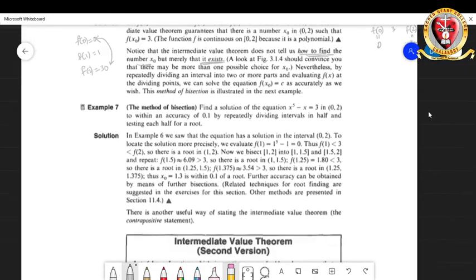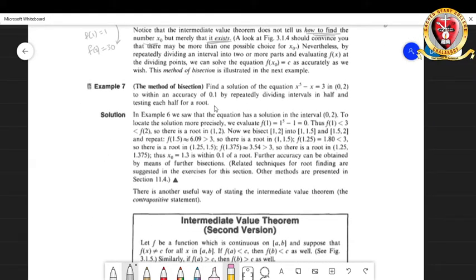Now example 7 says that we have to find a solution to the same equation we just dealt with, x raised to 5 minus x is equal to 3, in the open interval 0, 2, to within an accuracy of 0.1. You have to find a solution with an accuracy of 0.1 by repeatedly dividing intervals in half and testing each half for a root. Root means a solution.